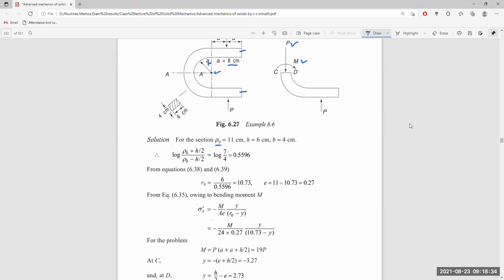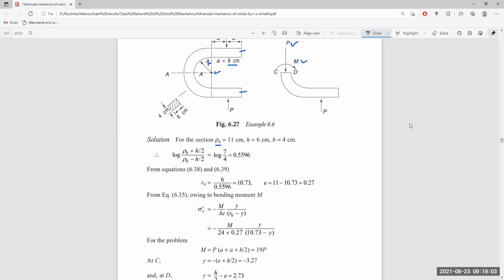So the distance from this end is 8 plus 8, and the distance from the center of curvature to this point is 8. This totals 24 itself. As the section is symmetrical, its CG will be at a distance of 3 centimeter away from this end. So 24 plus 3 is equal to 27.